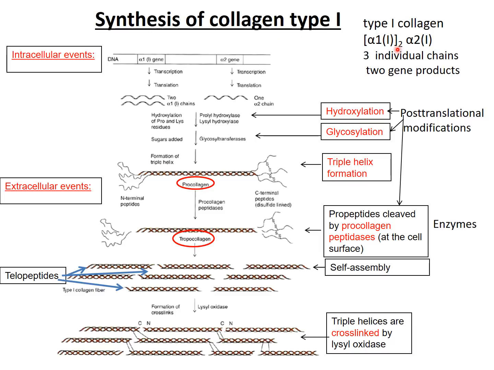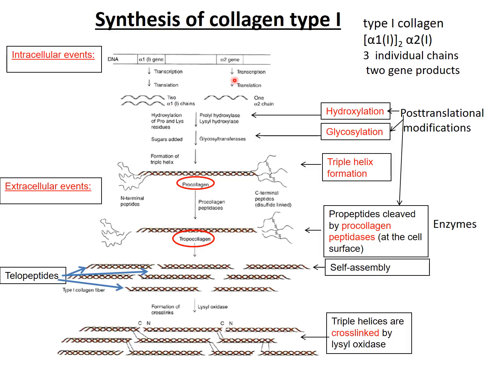So type 1, what do we need? We need two alpha 1 type 1 chains and one alpha 2 type 1 to form the triple helix. So you see the alpha 1 type 1 gene and alpha 2 type 1 gene, which need to go through transcription and translation, and two of the alpha 1 and one of the alpha 2 type 1 will build the triple helix.